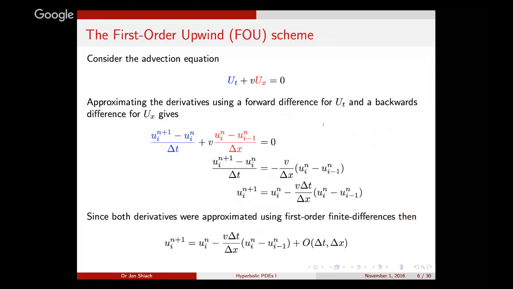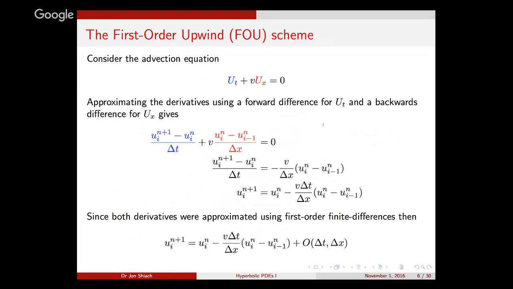Now, in this case, we approximated the derivatives using first-order finite differences. So therefore, we say the truncation error for this scheme is first order in time, because the power of delta t is 1, and first order in space, because the power of delta x is 1.